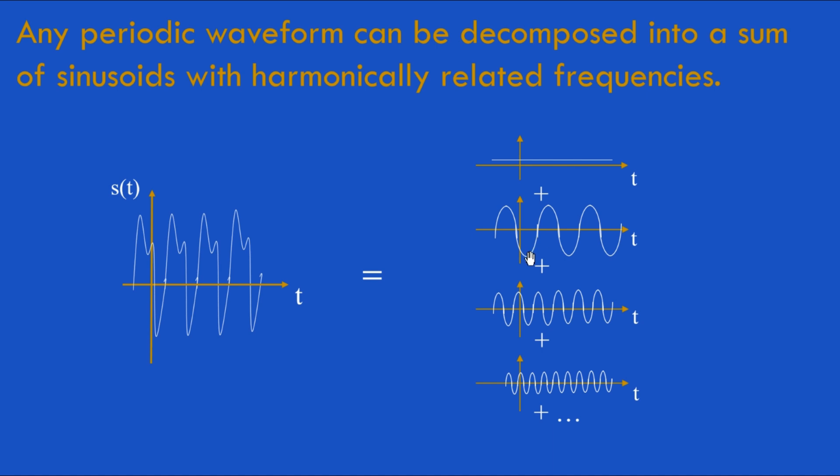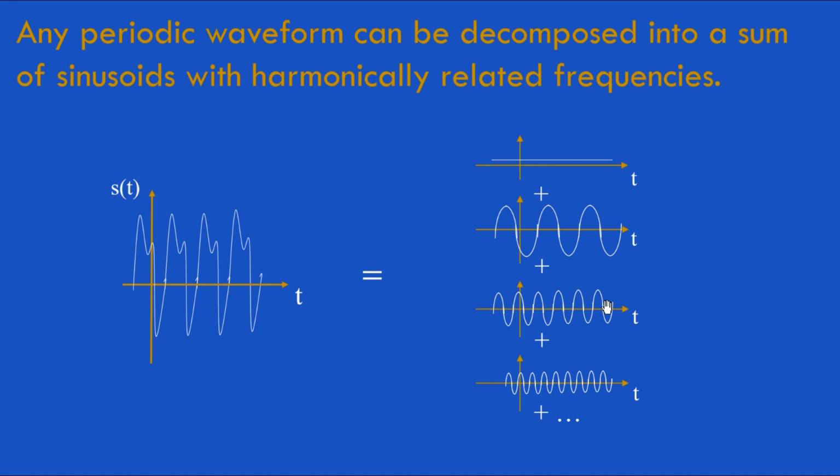Here I've just tried to provide a notional view, and I think I got it reasonably good. Let's take this time right here, when this one is a negative peak. Notice that this one is also a negative peak. This is 2 times the frequency of the fundamental, and they're both lined up, and so that's going to add to that, and is also going to add to this one, and so we get a very deep negative peak there in the full waveform.